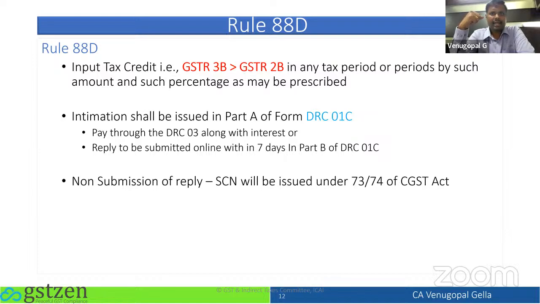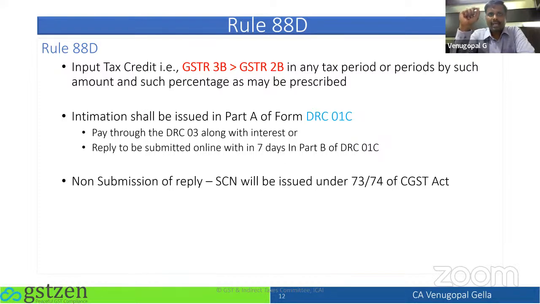Either agree that it's a mistake and make the payment of taxes through DRC03, or you say that there is an error by the portal, what you did is correct. Make a reply online within 7 days.